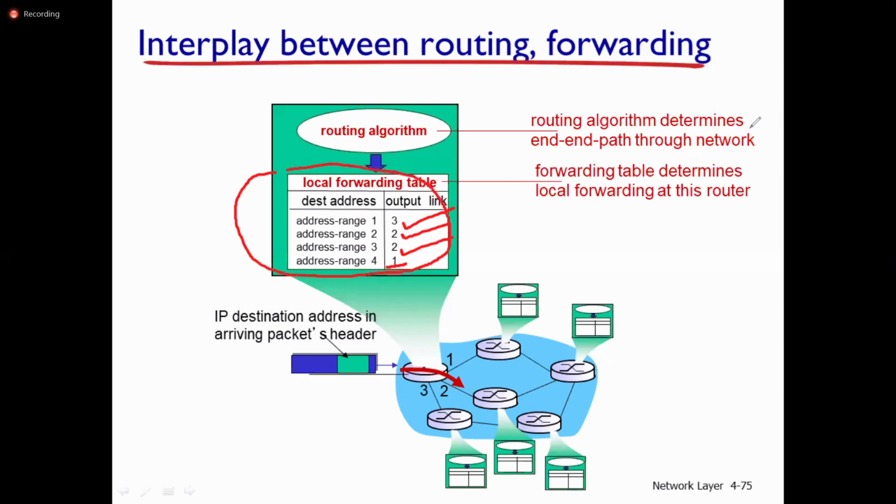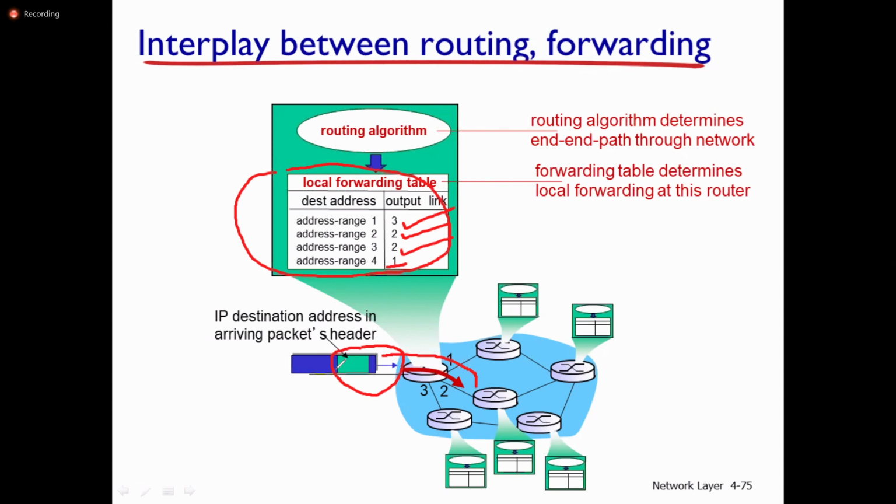But routing determines the end-to-end path through the network. In this scenario, whenever a packet arrives at any router, it carries a destination IP address. Based on this address, it is handed over to link 2.